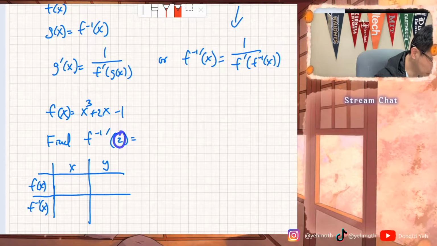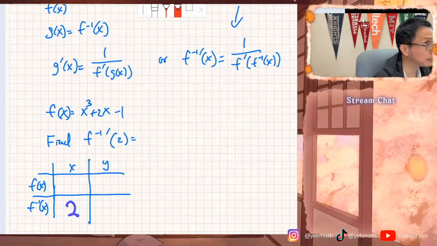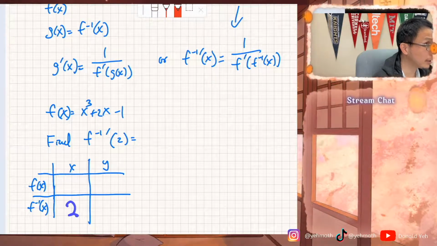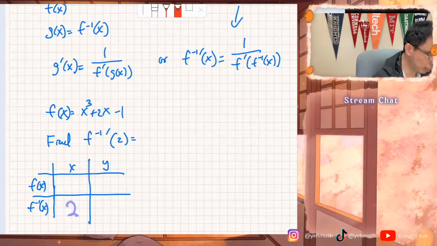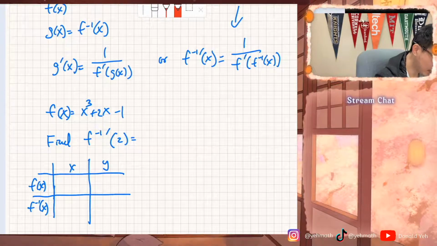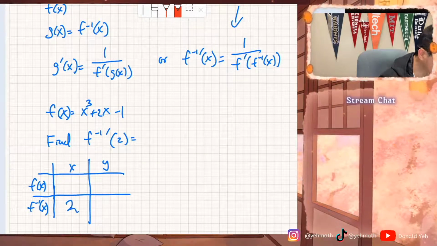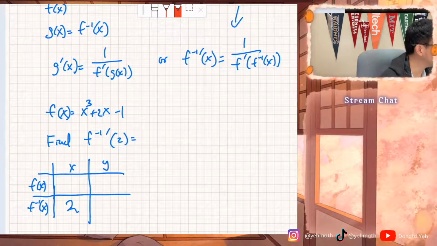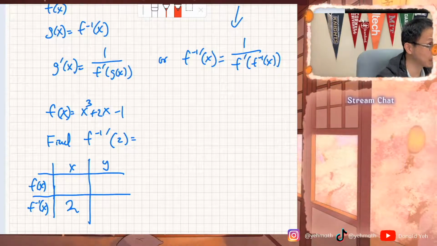This 2 is going to the inverse. Does that make sense? Because we plug in the prime, right? We plug in 2, right? So can I plug in 2 here?